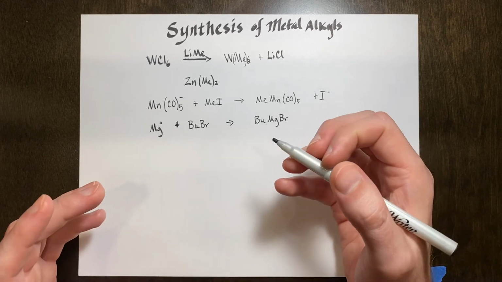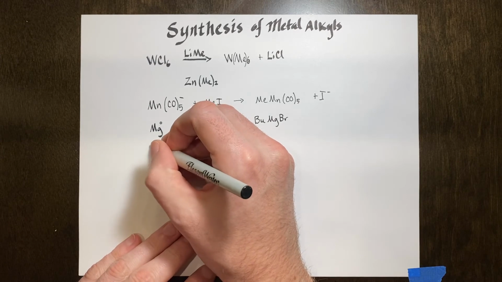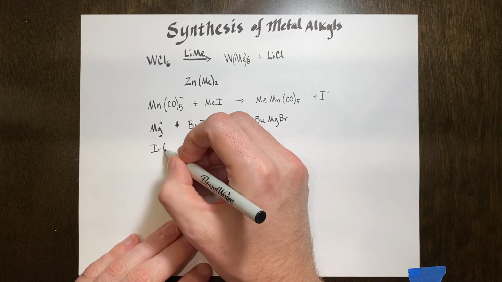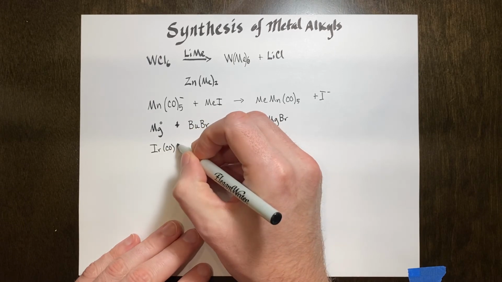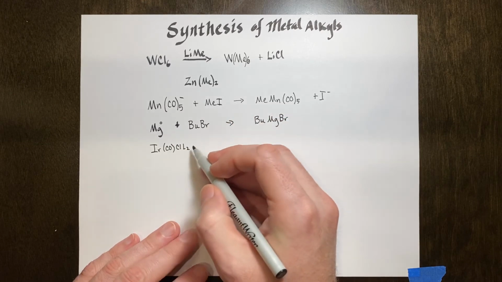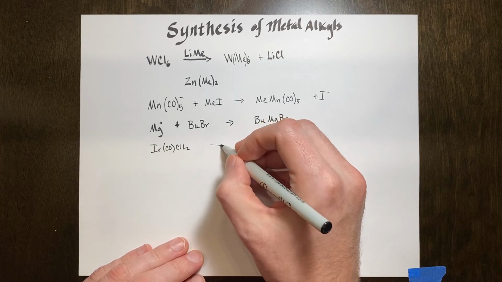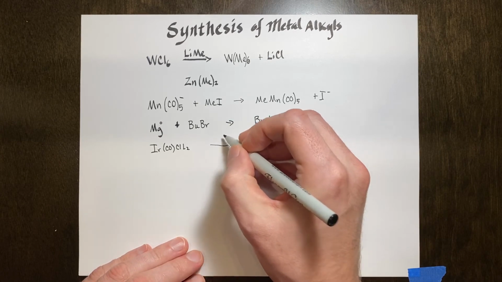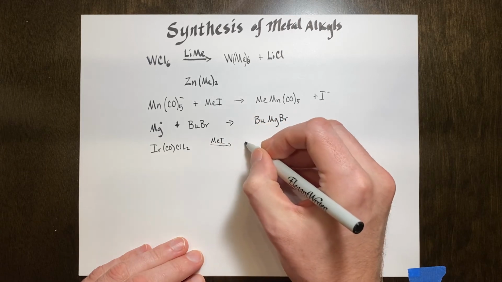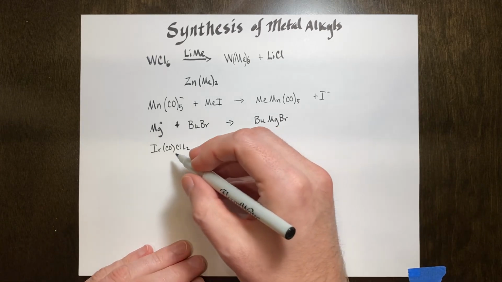Let's look at another example of oxidative addition using iridium. So here's an iridium complex. It's got some other ligands on it. And then we're going to add our methyl iodide in, and that is going to oxidatively add to the metal.